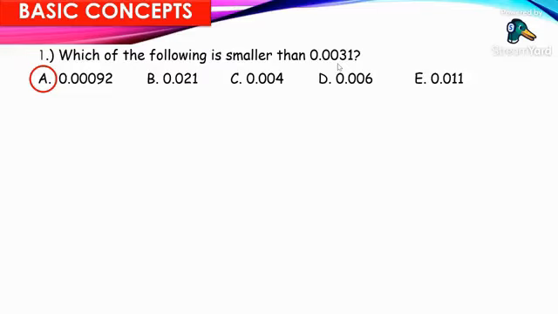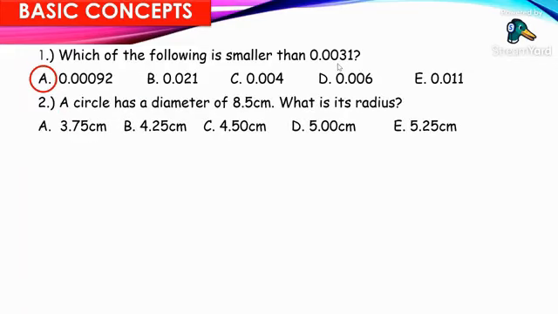Next, let's have number 2. Question number 2. A circle has a diameter of 8.5 centimeter. What is its radius? So a circle has a diameter of 8.5 centimeter. What is its radius?